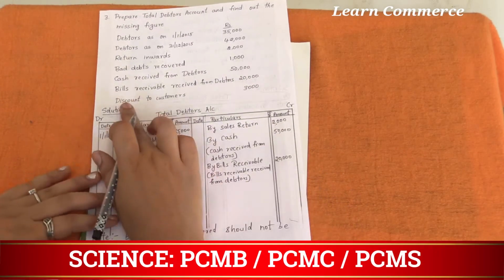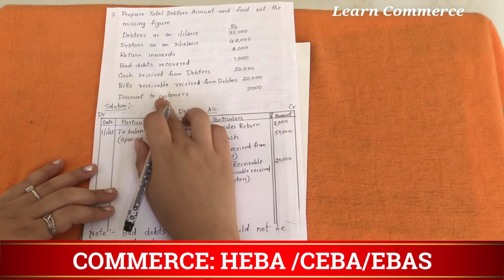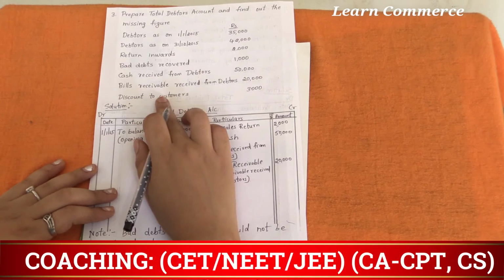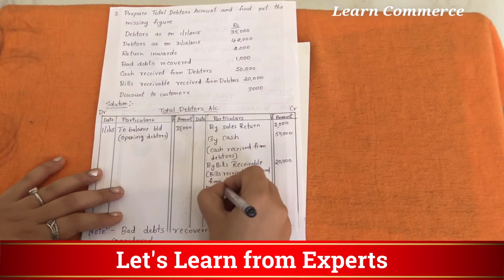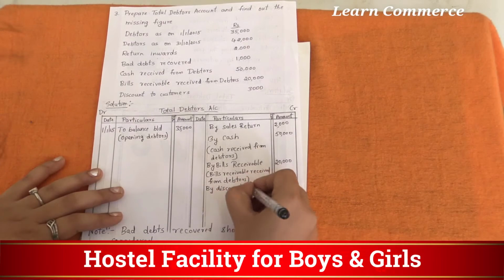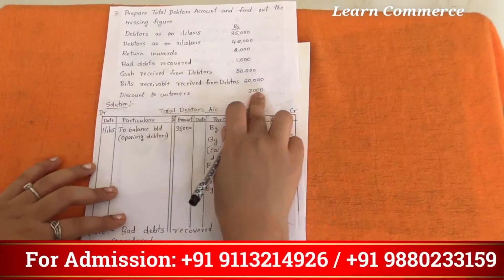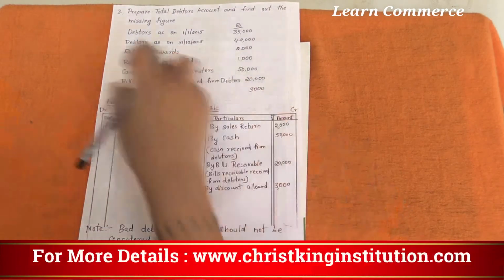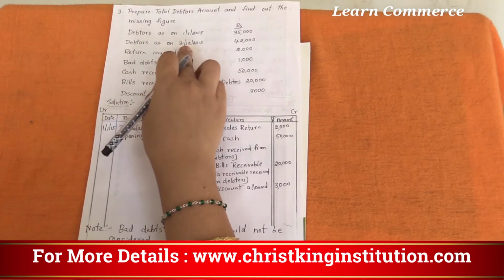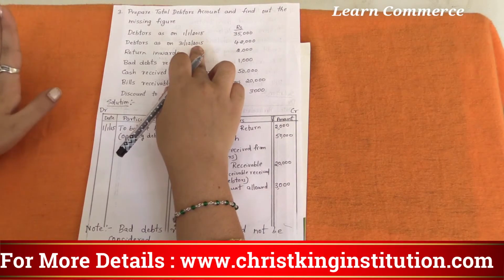Okay. Next one, discount to customers 3,000. Discount to customers is nothing but discount allowed to customers. We should record this one on the credit side. So, by discount allowed, amount is here 3,000. Okay. Then debtors as on 31st December 2015, it should be a closing balance.